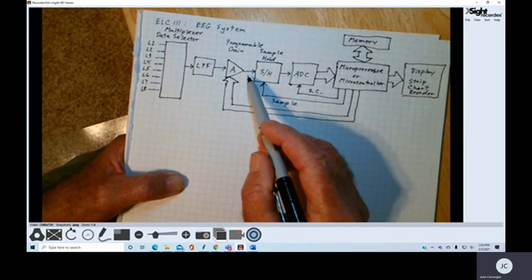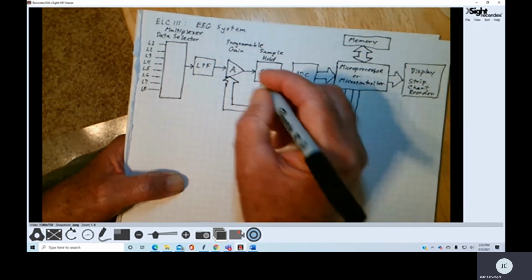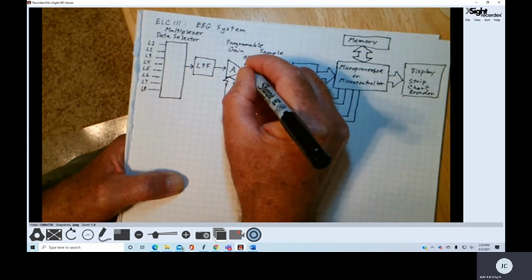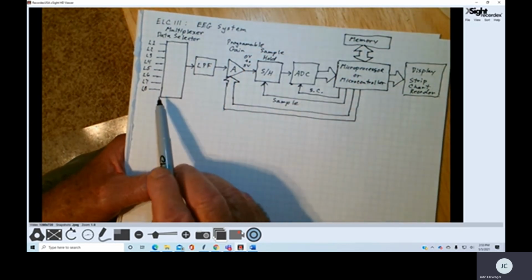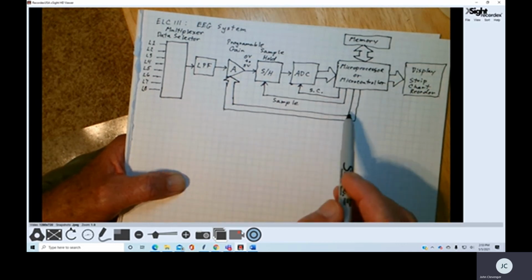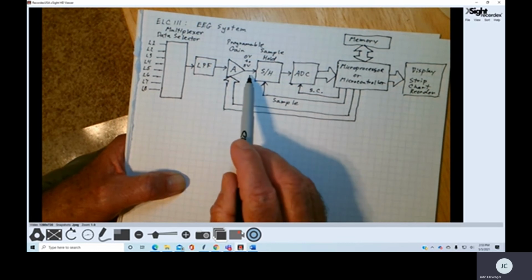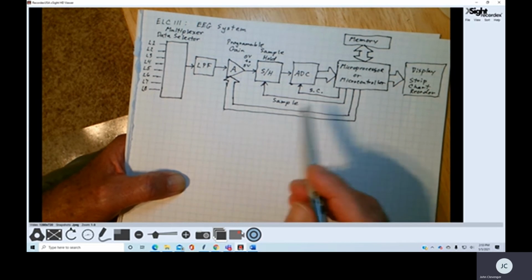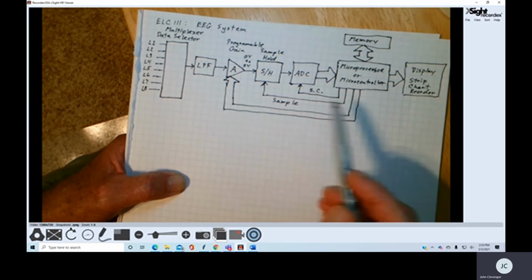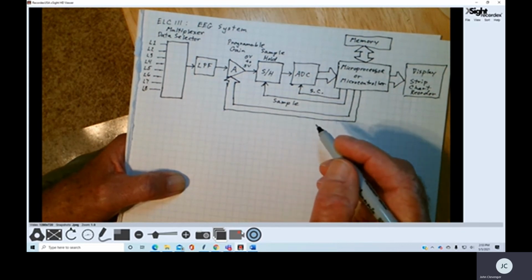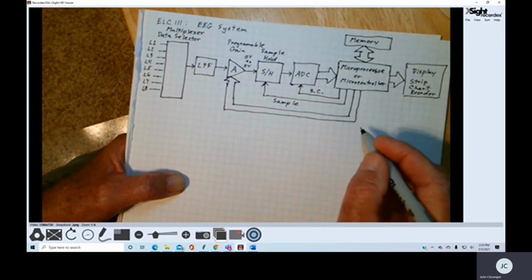Generally speaking, we want the output of this programmable gain amplifier to range anywhere from 0 volts to 5 volts. So depending on the voltages that come in from the leads, we can change the gain of the amplifier so that we're reaching our limits of the maximum voltage, 0 to 5 volts. So the microprocessor sends out digital information to change the gain of this amplifier.